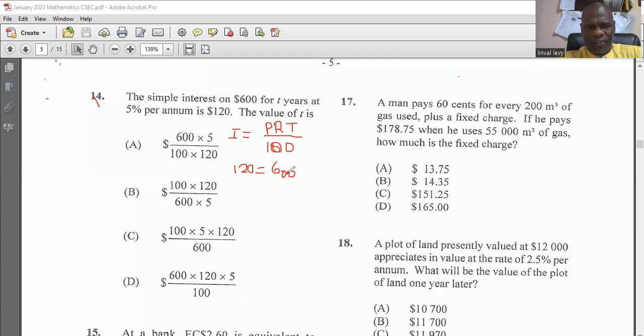So 600 times the rate, which is 5, times T, all of that over 100, right?